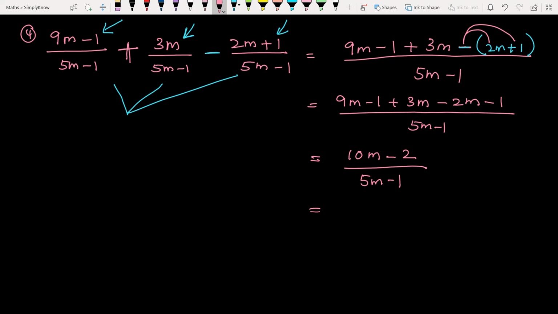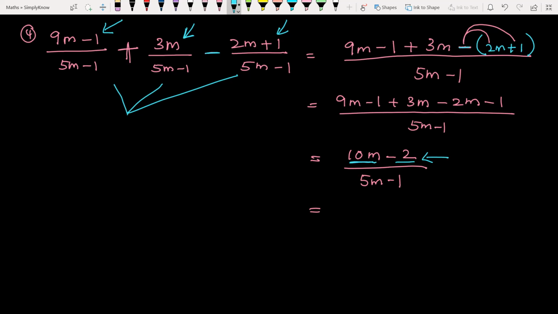Now, both your numerator and denominator are algebraic expressions. And in this algebraic expression, we see that there is a common factor for these two terms, 10m and minus 2. So we can take that common factor out. What is the highest common factor for these two terms, 10m and minus 2? It's 2.